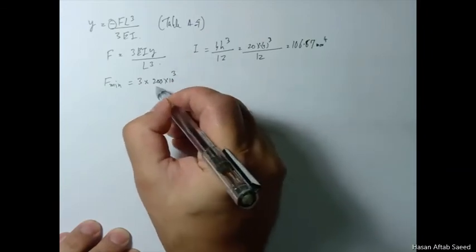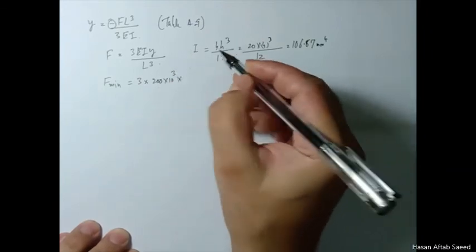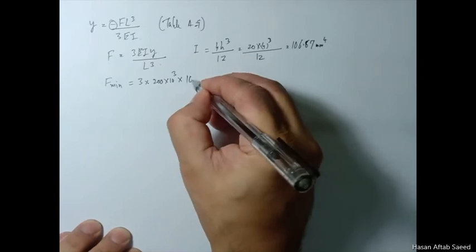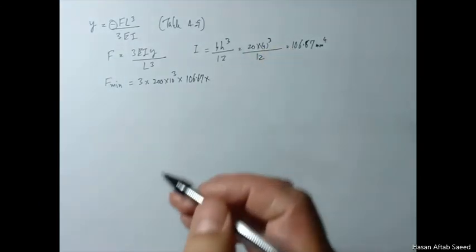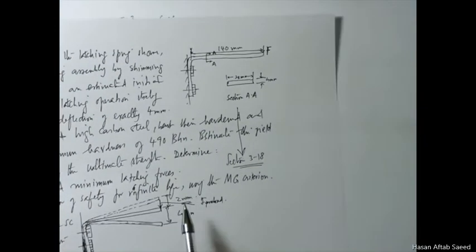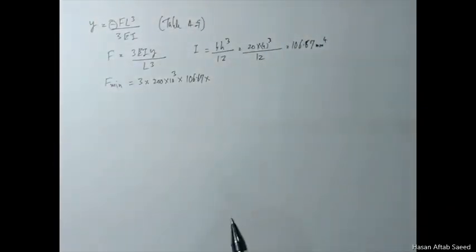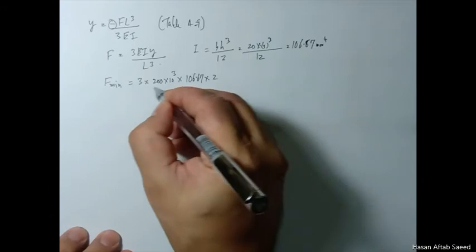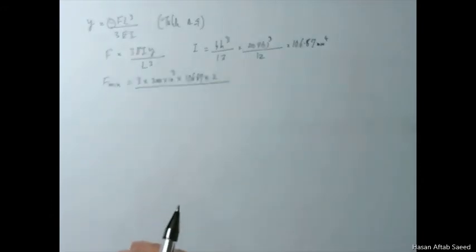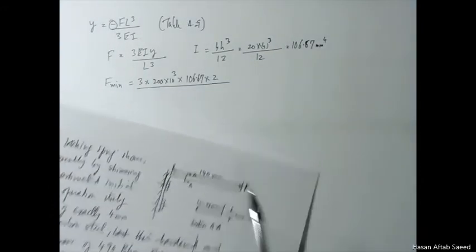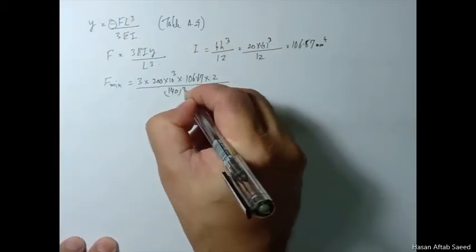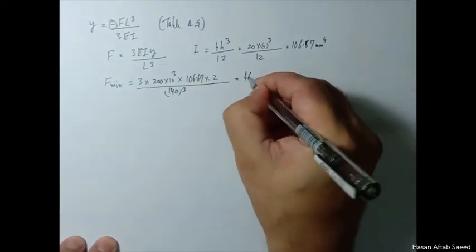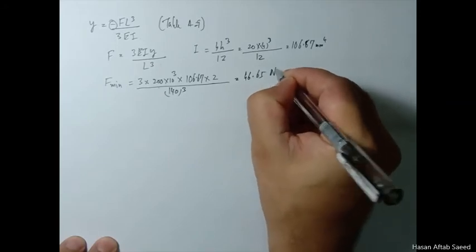This is for steel, 200 is the Young's modulus, then I, 106.67, is just calculated, and then the preload deflection is simply 2 millimeter. It's 2 over length, which is 140 millimeter, the length of the cantilever, and this is 46.65 newtons.